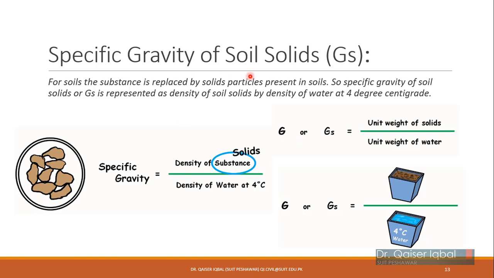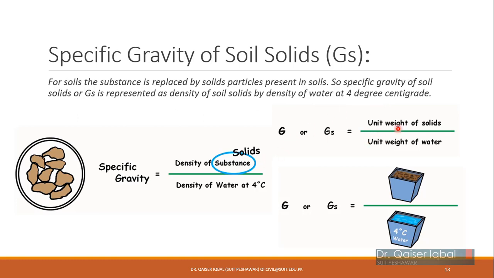Now, specific gravity of soil solids. For soils, the substance is usually replaced by the soil solids. When we take the specific gravity of soils, we take specific gravity of solid particles only. So specific gravity of soil solids, or Gs, is represented as density of soil solids divided by the density of water at 4 degrees centigrade.